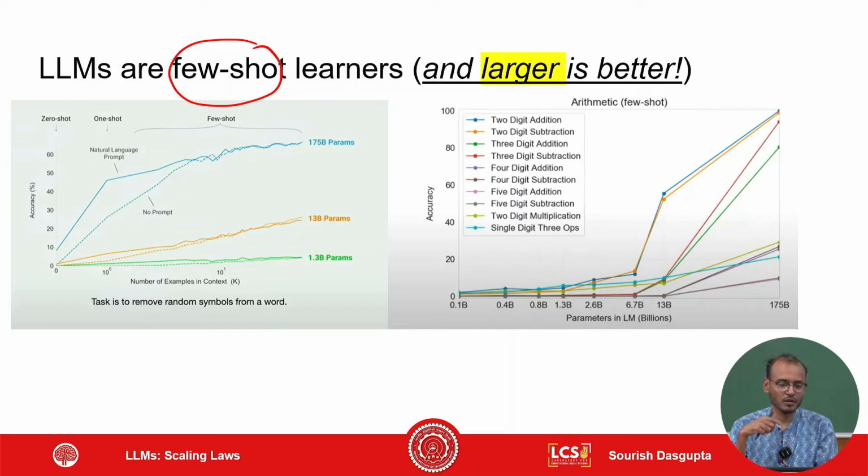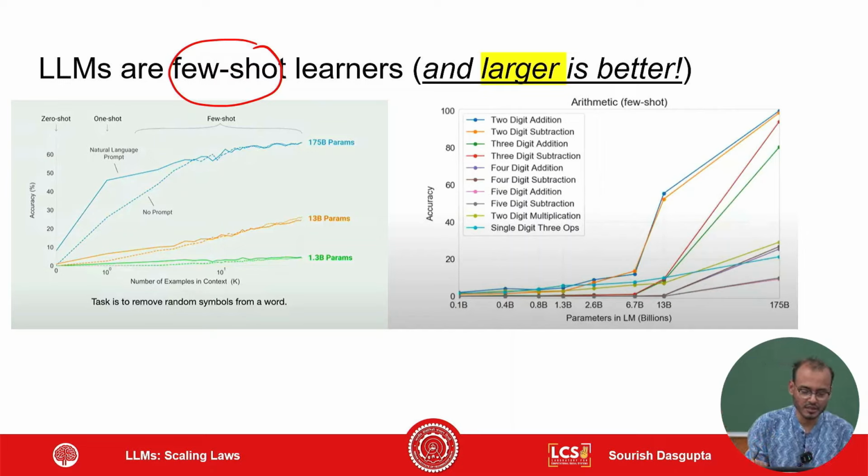One or few refers to how many such demonstration pairs you give. One shot means you give only one example. It's quite clear that the more you guide the model, the better results you would expect.